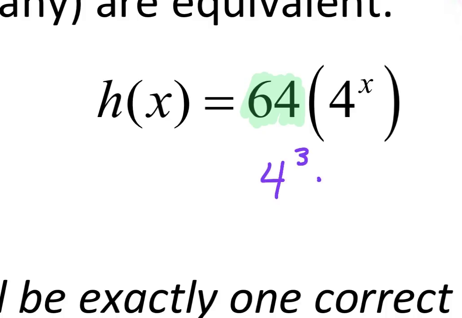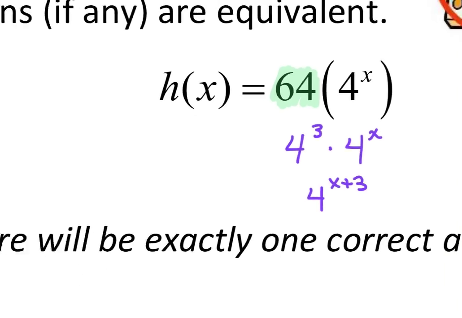And 4 to the third times 4 to the x, well, you want to add exponents. If you're multiplying expressions and it's the same base in each with an exponent on each, then you add the exponents. And so this is 4 to the x plus 3 power.